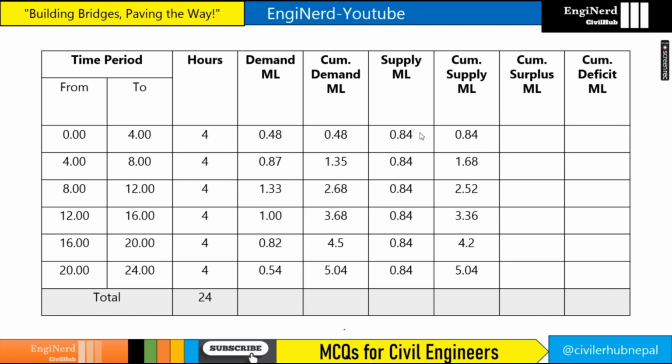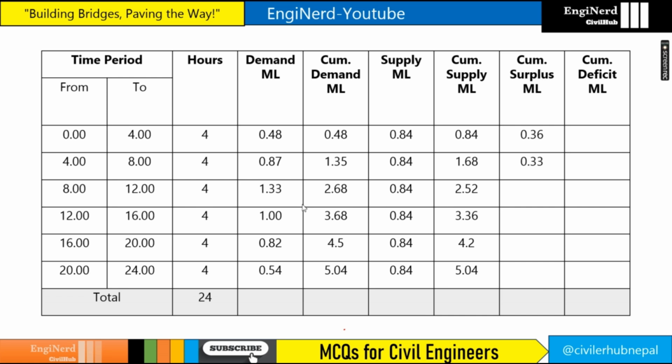For the first one, you can see cumulative supply is more, so we go to the cumulative surplus column. The difference is 0.84 minus 0.48. In the second row, you can find 0.33 as the difference between 1.68 and 1.35, and 1.68 is more, so we go to the surplus part.